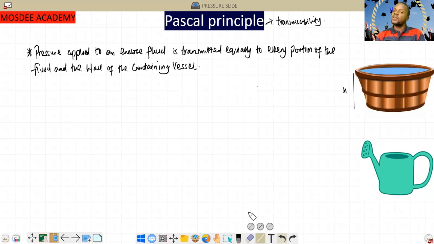What Pascal is telling us is that the pressure at any given point is always equal. So you can always put that at the back of your mind that whenever you draw a horizontal line within the layers of the liquid, and you are taking the pressure at each of the points of the liquid, the pressure at one particular point will be equal to the pressure at every other point. So keep that at the back of your mind.